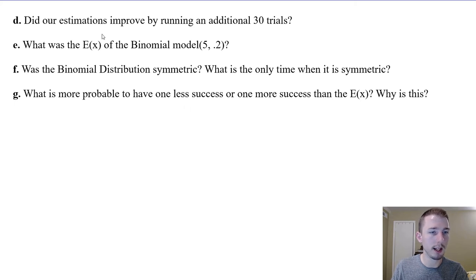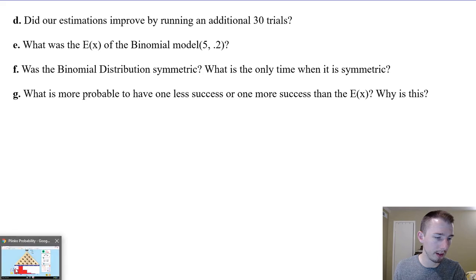All right, did our estimations improve by running additional trials? Yes. What was the expected value? The expected value for us, 0.2 times 5, is 1. Was the binomial distribution symmetric? No, because it's skewed to the right, because our probability was not 50-50. We can see that here, even with small samples.